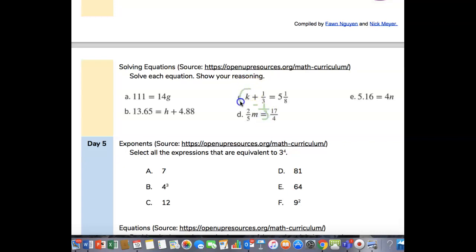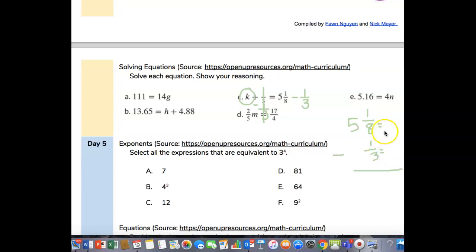Now that gets k by itself because you get rid of the 1/3, but whatever you do here, you have to do here, so you have to subtract 1/3 here. In order to do that, you remember you cannot subtract fractions with unlike denominators. These denominators are not the same, so you can't do this. So we have to make the denominators the same.